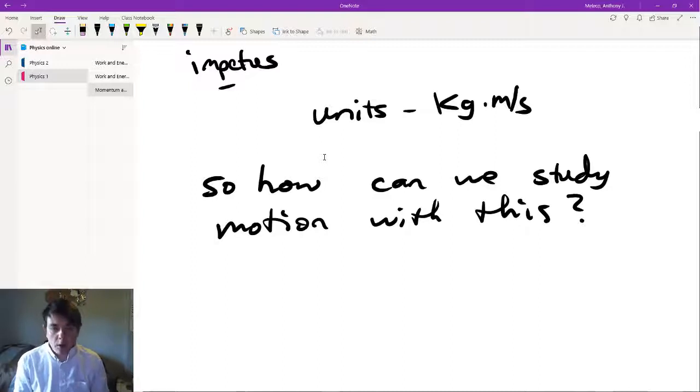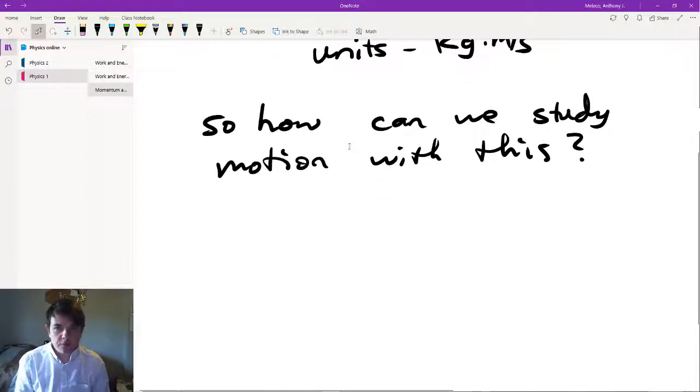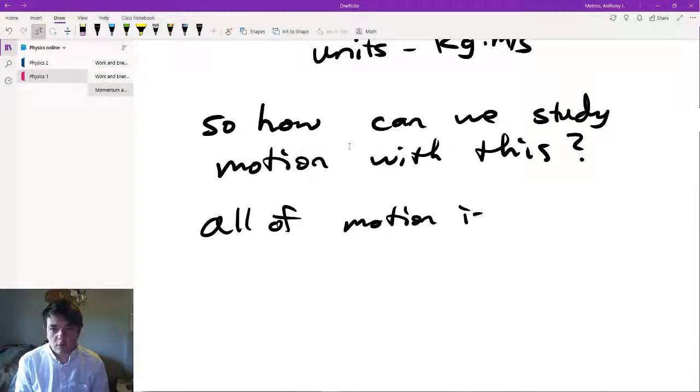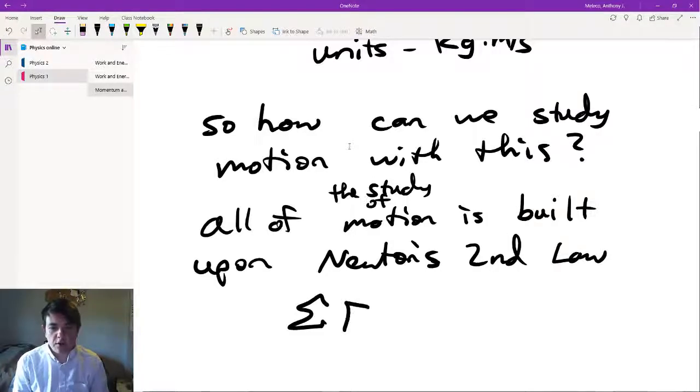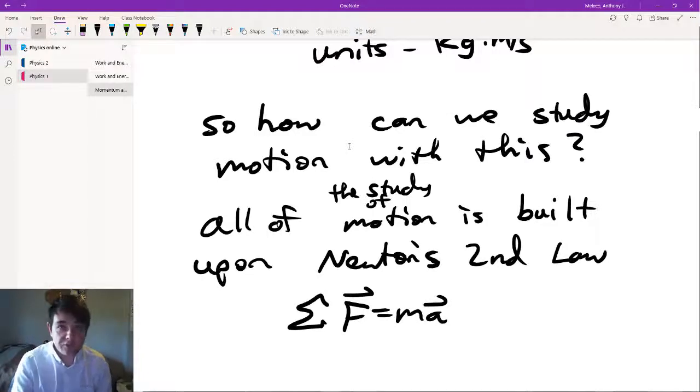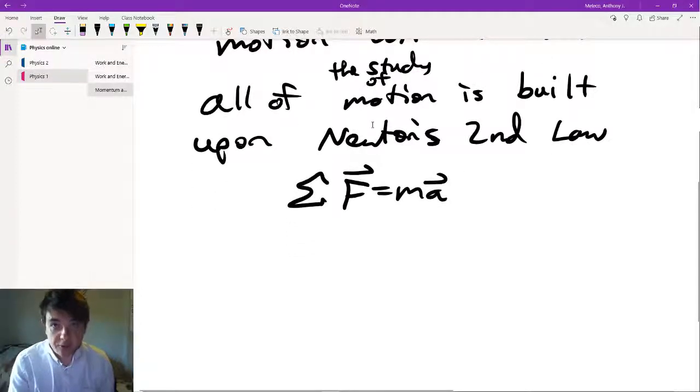Well, if you remember, all of the study of motion is built upon Newton's second law, which says that if you sum up all the forces with the free body diagrams, you can get the acceleration of the object.